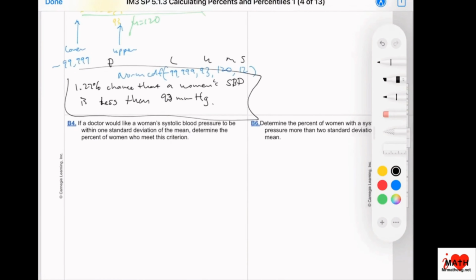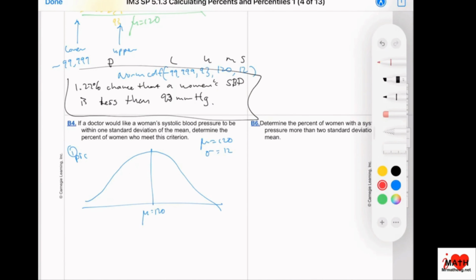Alright, B4 says a doctor would like a woman's systolic blood pressure to be within 1 standard deviation of the mean. Okay, let's draw ourselves a picture. We know that the mean from question number 3 is 120. Standard deviation is 12.